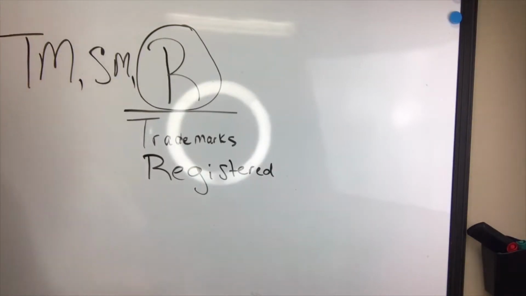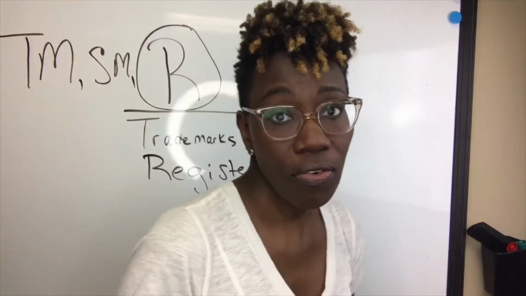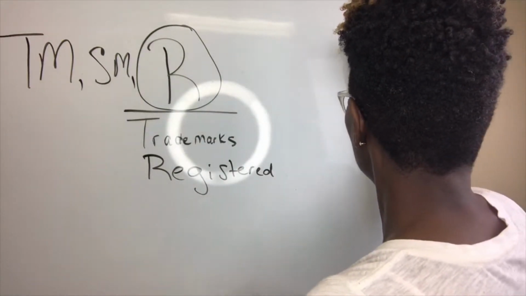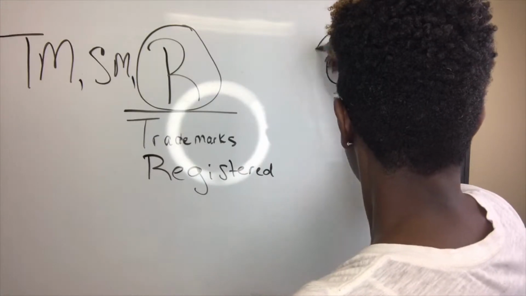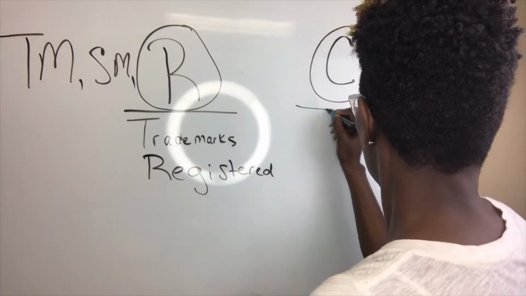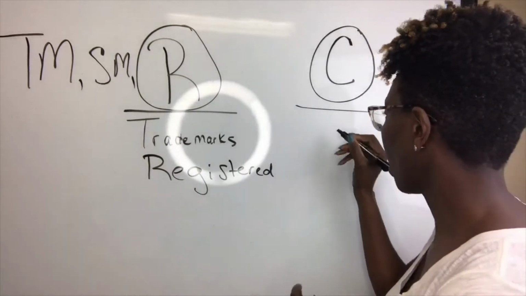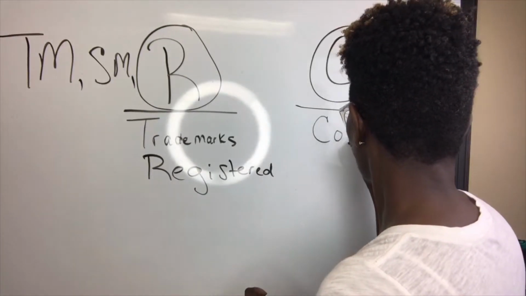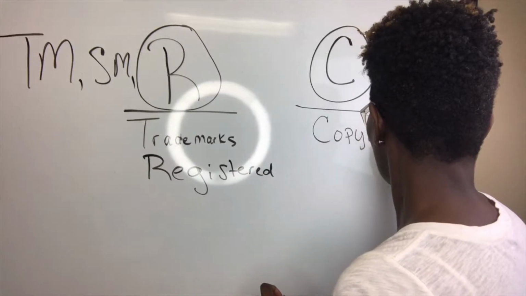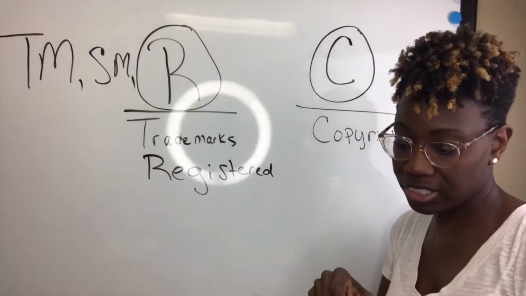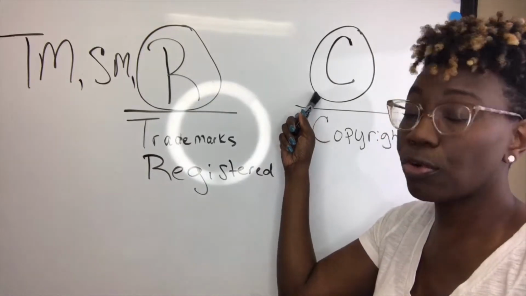All right. So the final one that we see very often is this C. This C represents copyrights. You can use this C to represent your copyright.